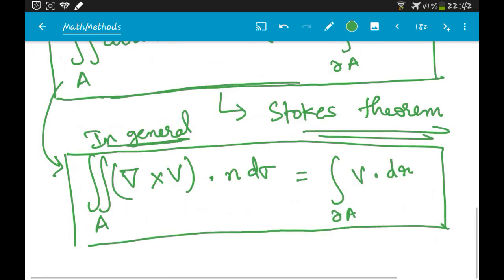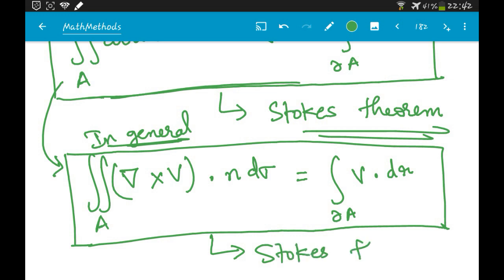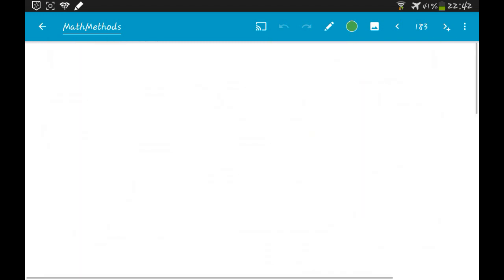Alright. So this is your Stokes theorem. The divergence theorem is related to the divergence, and Stokes theorem is related to the curl of the vector field. So what do we mean by divergence and curl of a vector field?